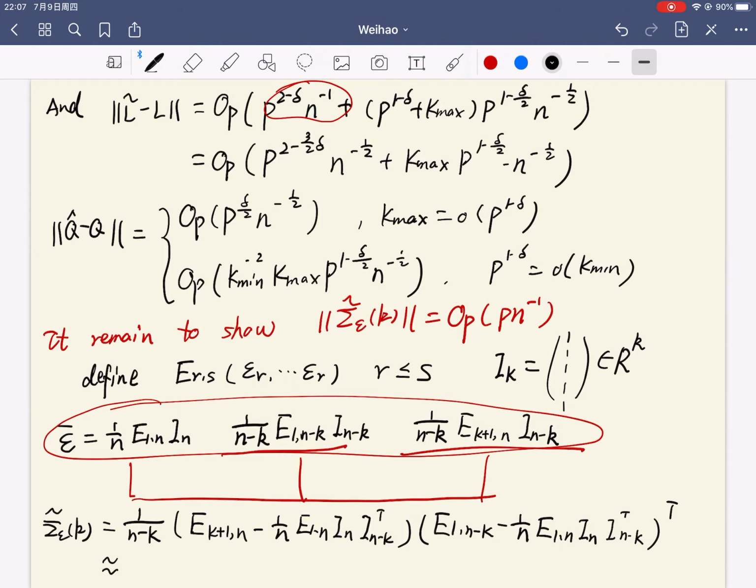So we can write the sample version of the autocovariance for epsilon by replacing the n minus k by n, and replacing the average by the average given by n minus k terms.